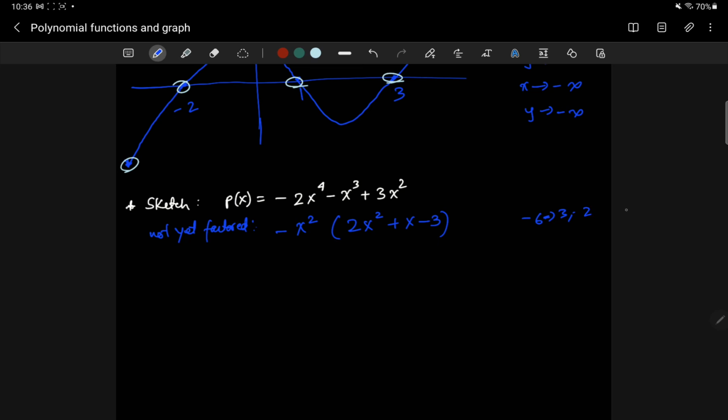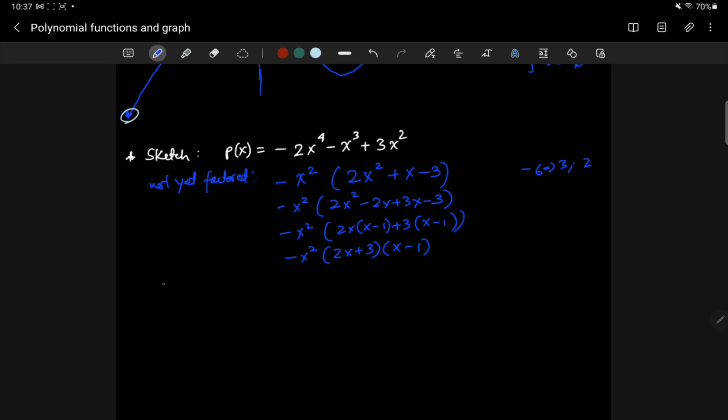So I take 3 and negative 2, which makes it negative x squared, 2x squared plus 3x minus 2x minus 3, negative x squared, 2x, x minus 1 plus 3x minus 1, negative x squared, 2x plus 3 times x minus 1.